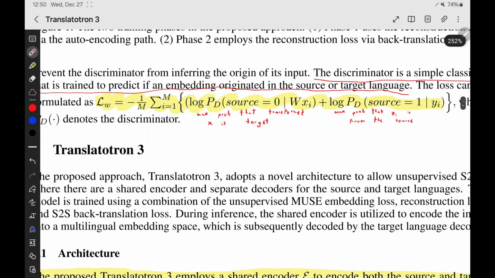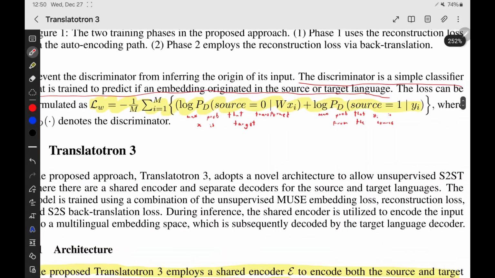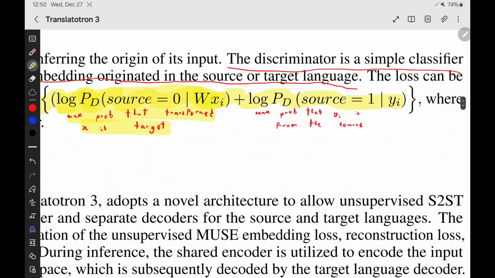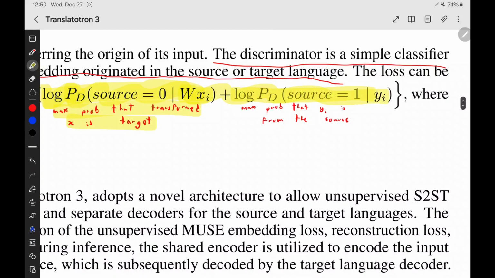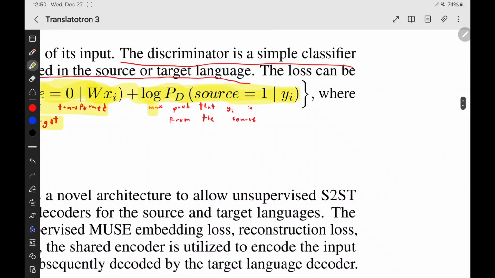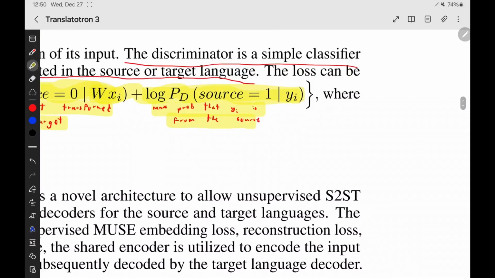This first part here is maximizing the probability that the transformed x is the target, based off the probability predicted by the discriminator. And here there's a negative sign in front, so maximize the probability that y_i is from the source.